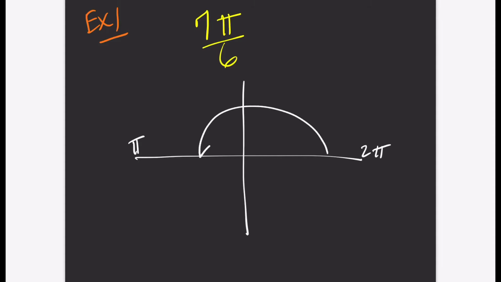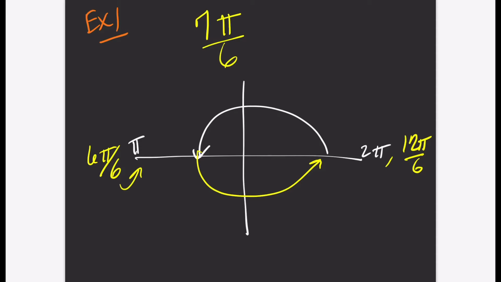So from here to here, you're going to have 6 pi over 6. And you should know that that right there is correct because 6 pi over 6 reduces to 1 pi. So if half a revolution is 6 pi over 6, 1 full revolution will be 12 pi over 6. And you know that's correct because 12 pi over 6 reduces to 2 pi.